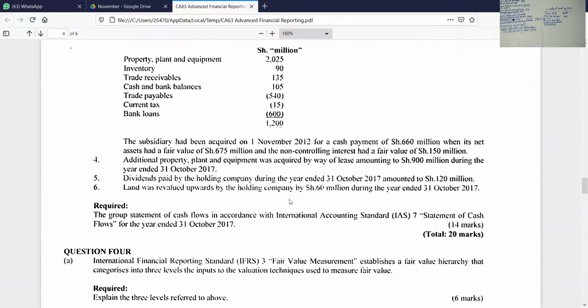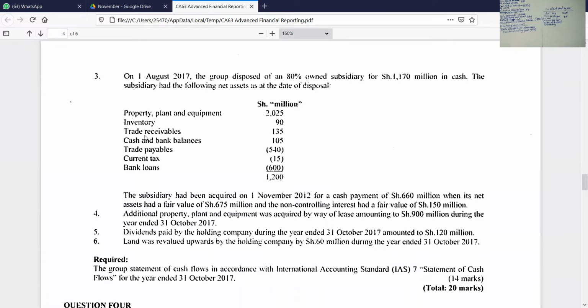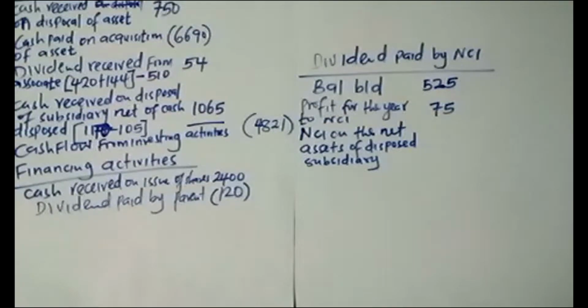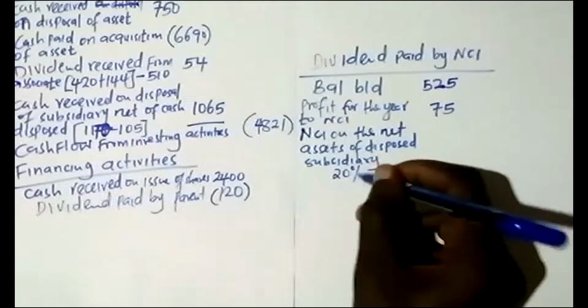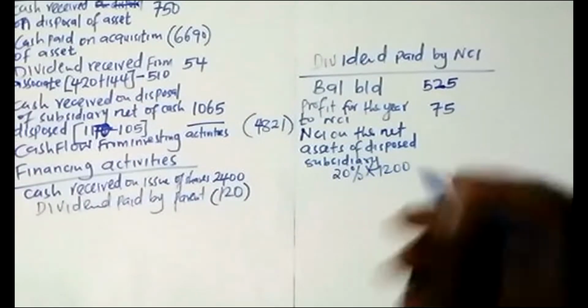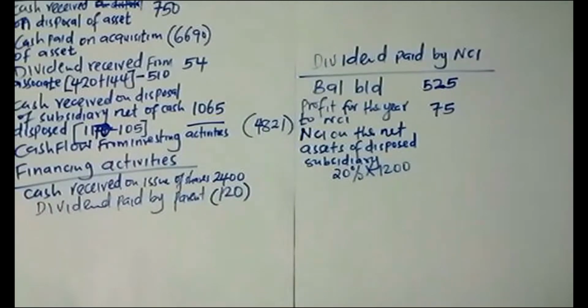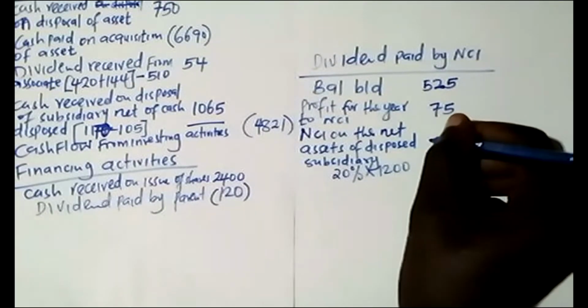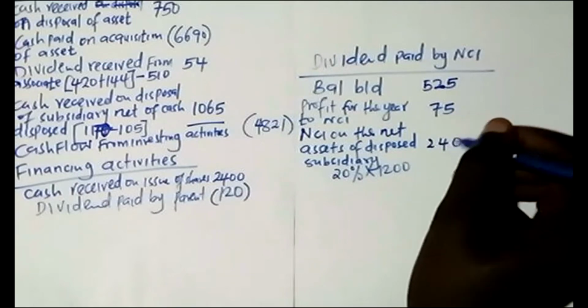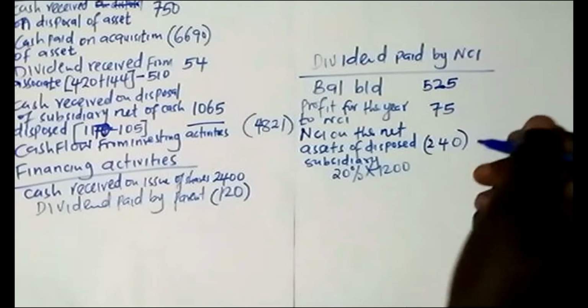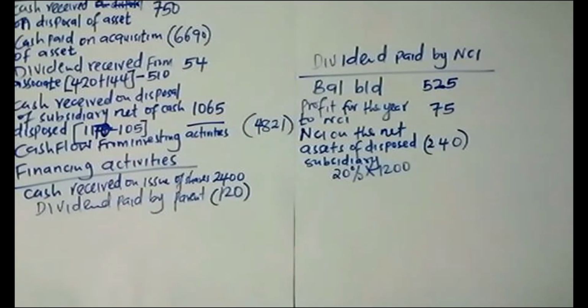According to this note 3, it was 1,200. You can see the total here is 1,200: the PPE, inventory, receivable, cash and bank balance, trade payables, current tax, and bank loan. So multiply that by 20%, because it was an 80% subsidiary, so the non-controlling interest is 20%. So if I take 0.2 times 1,200, that is 240. Remember that this one I have to raise because it was undisposed.